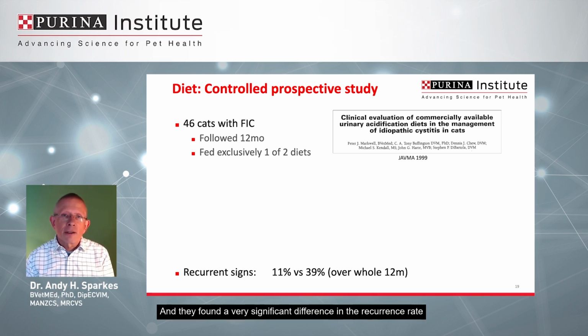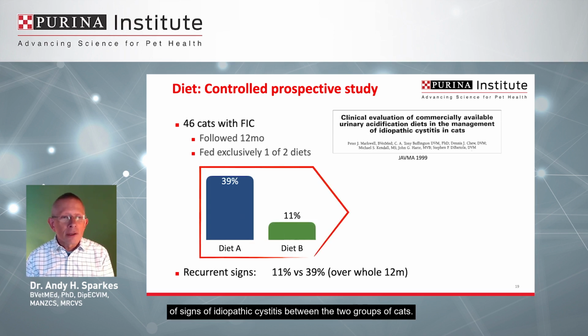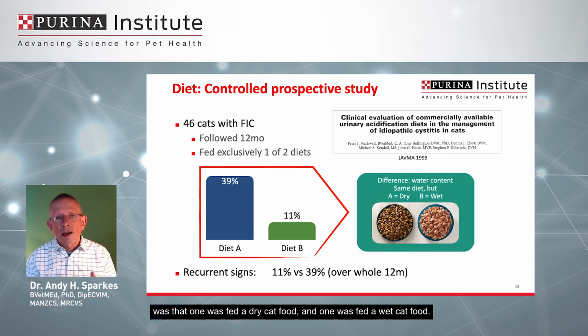And they found a very significant difference in the recurrence rate of signs of idiopathic cystitis between the two groups of cats. So in one group, 39% of the cats had recurrent signs of cystitis. In the other group, it was only 11%. And the difference between those two groups was that one was fed a dry cat food and one was fed a wet cat food.